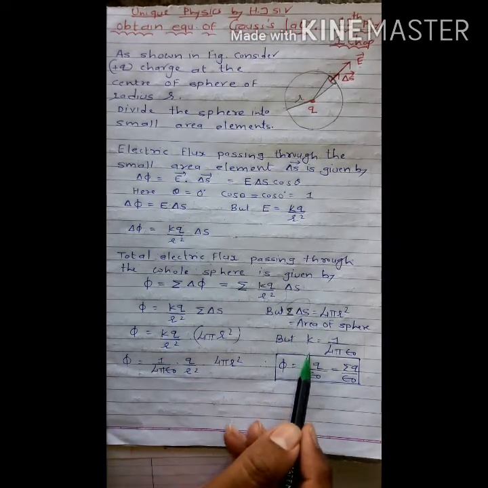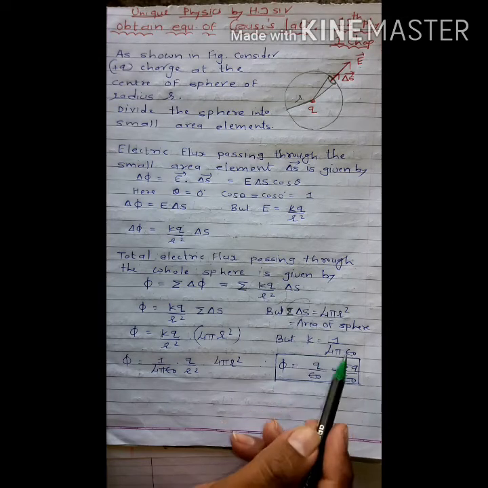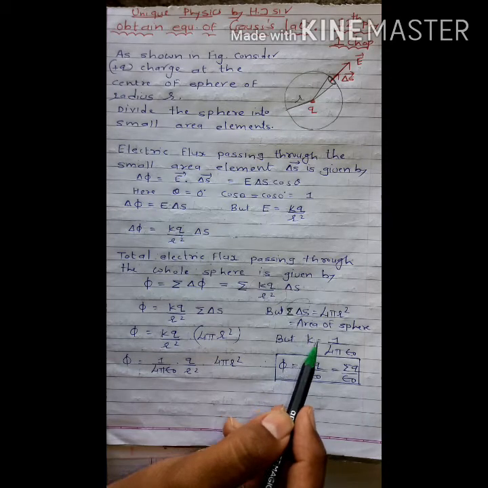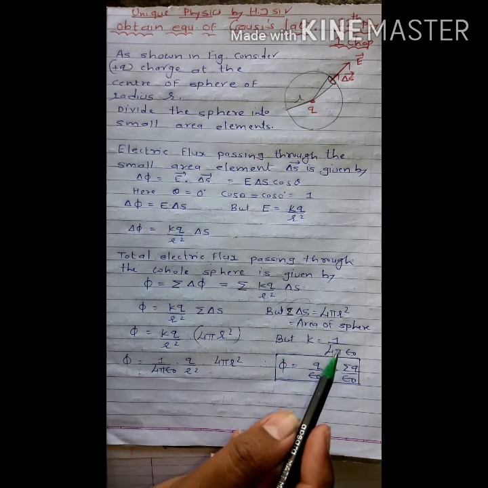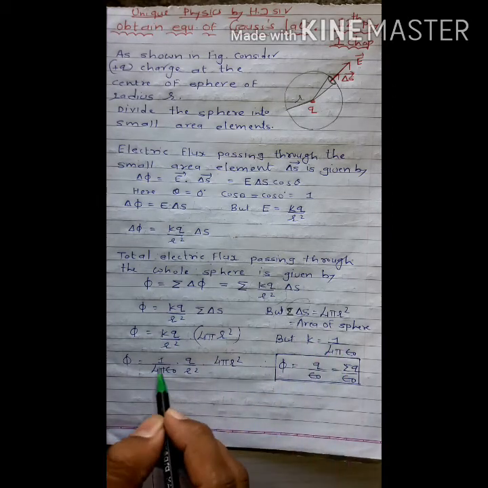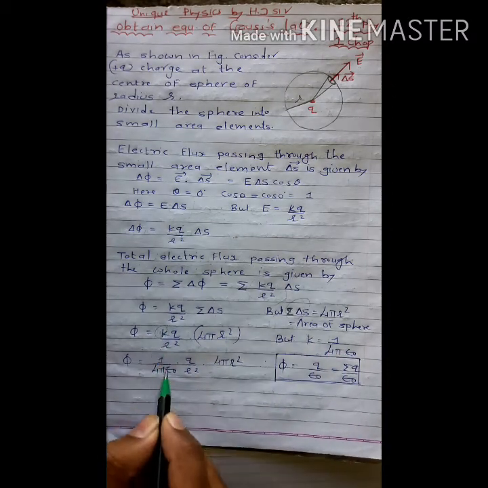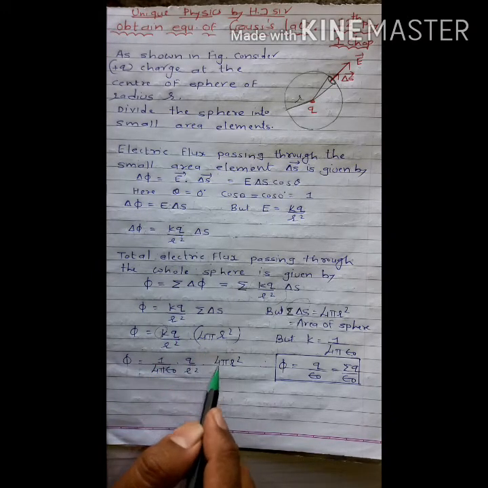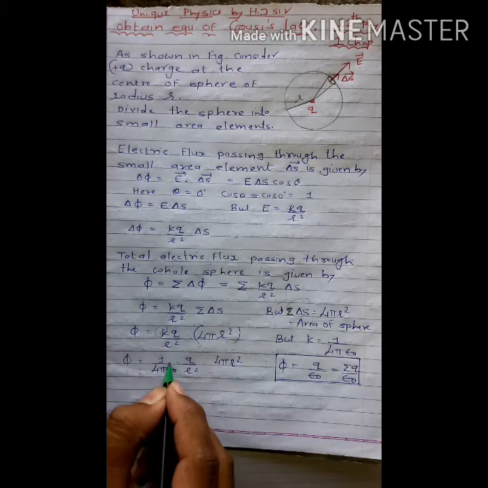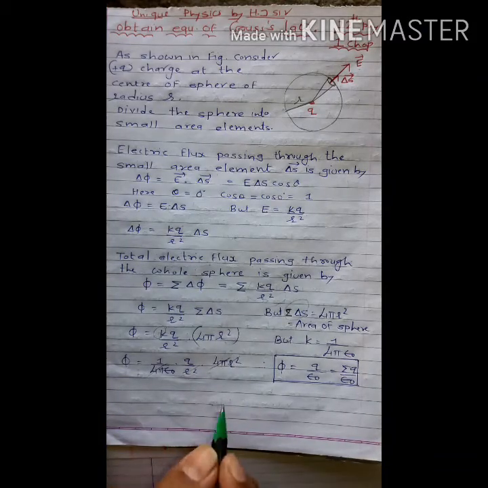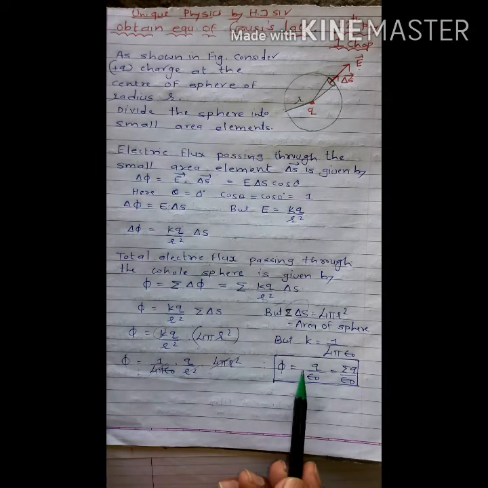Small k is called the Coulomb constant, and it is equal to 1 upon 4 pi epsilon 0; we explained this in the scalar form of Coulomb's law. So phi is equal to 1 upon 4 pi epsilon 0 into q upon r square into 4 pi r square. Now 4 pi cancels out, r square cancels out, and the equation becomes phi is equal to q upon epsilon 0.